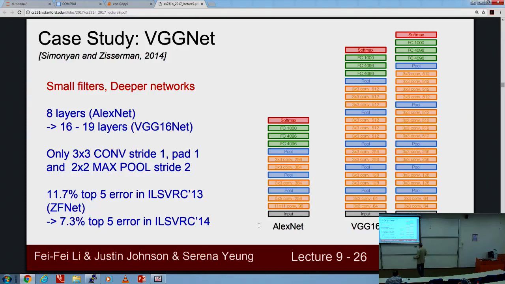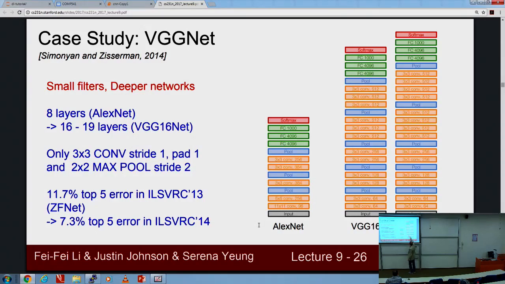With stride 1 and padding 1. And every pooling layer is just a standard 2 by 2 pooling with stride 2. I don't know if you can read this, but from the colors, the orange things are convolutions.